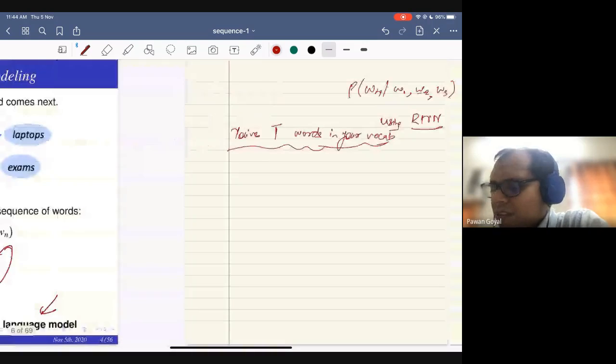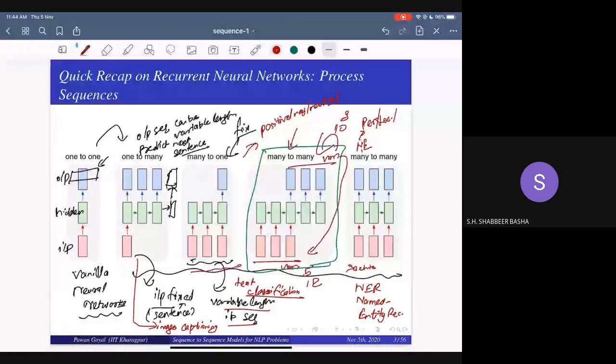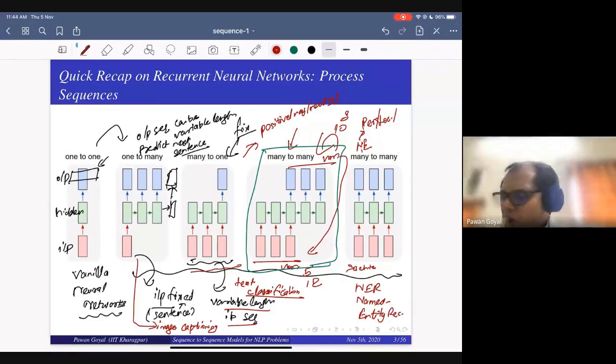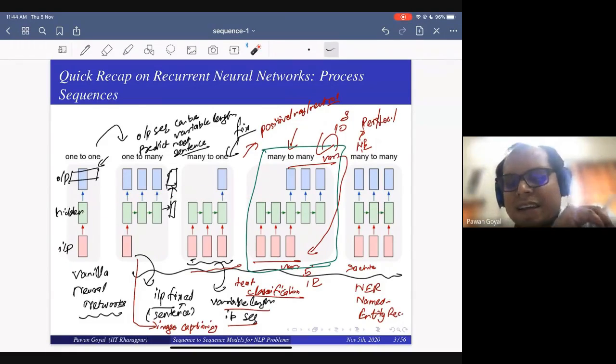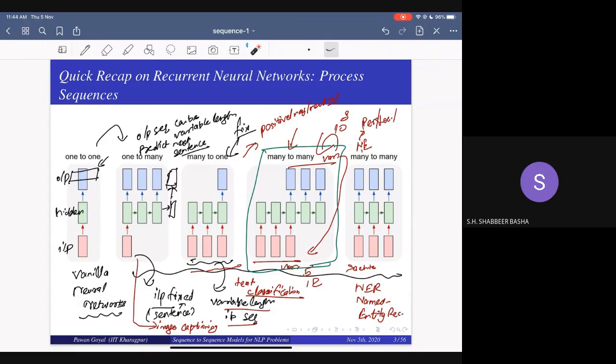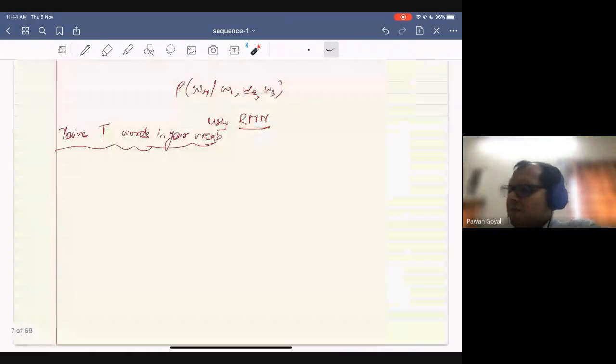Give the input sequence W1, W2, and W3 as input. Predict the next word, that is W4, using an RNN. So among these 4 or 5 architectures that I was showing on this slide, which one would help in doing this? Many to one. Very good. So you're saying we will simply do many to one.